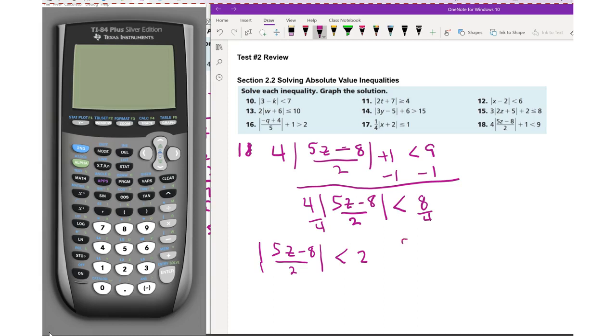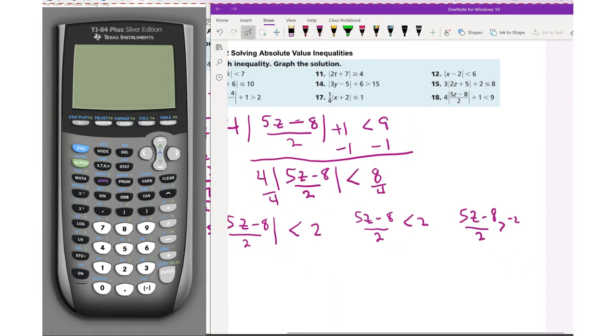So we have 5z minus 8 divided by 2 less than 2. And the other one is 5z minus 8 divided by 2 greater than negative 2. And I'm going to go ahead and move this a little bit to the left.